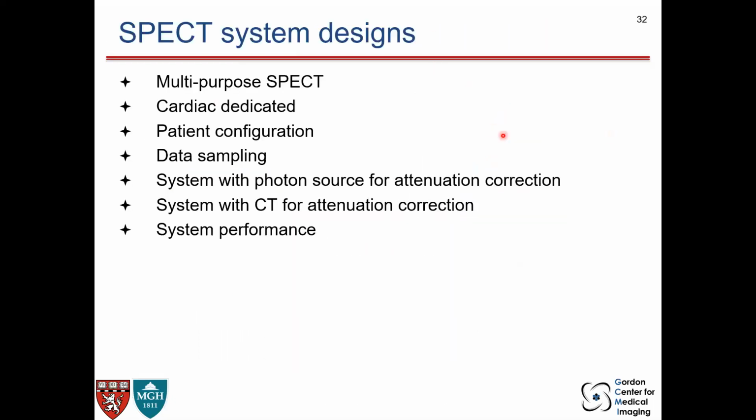So for SPECT system design, you have to think about what the end application is. You have multi-purpose SPECT. Remember, the conventional gamma cameras are actually multi-purpose SPECT because you can tune them for different imaging applications. They're not excellent systems, but they can be used for different applications. They're not organ-specific imagers.